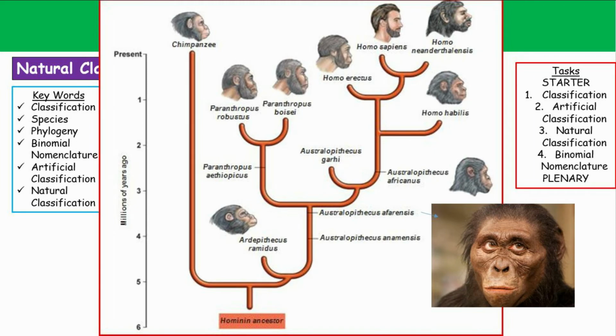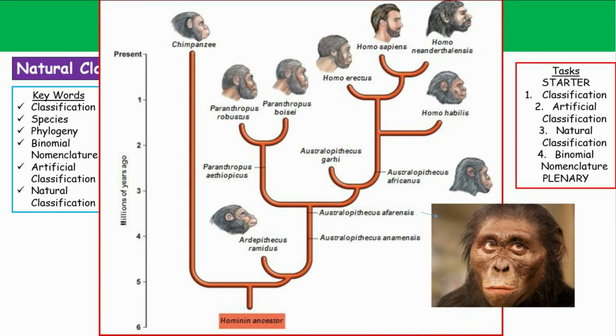Now, what we can see as we go through is these different versions of humans as we've evolved over those 6 million years. If you look down towards the bottom, compared to a chimpanzee, some of our earlier ancestors really did look quite similar. Then as we start to come further up, the one in the bottom right there is actually Lucy.